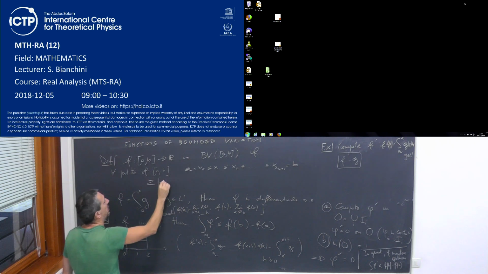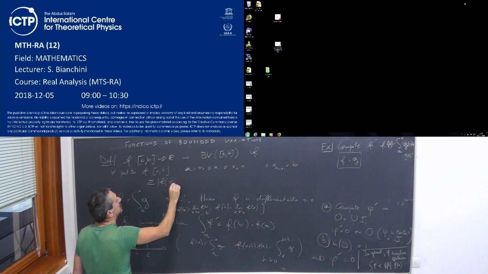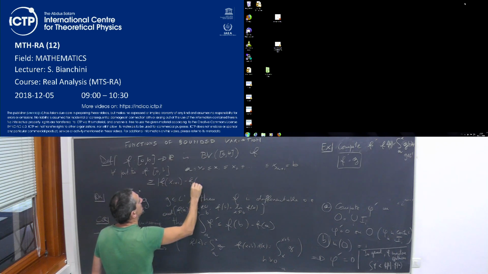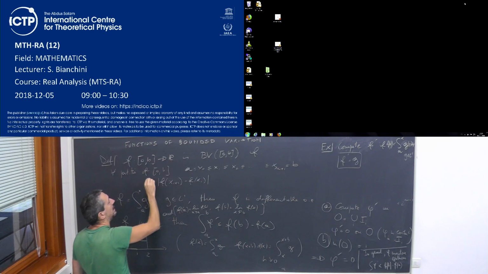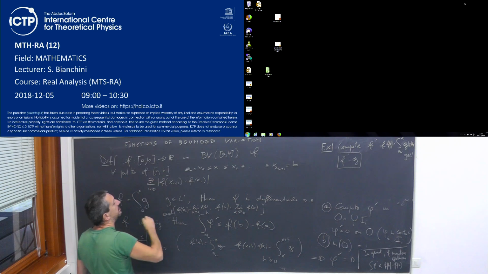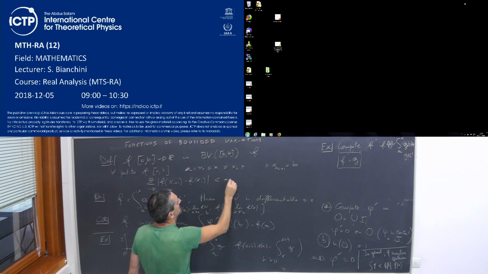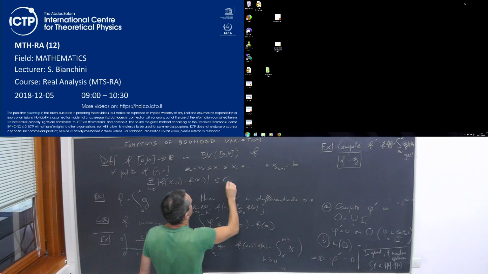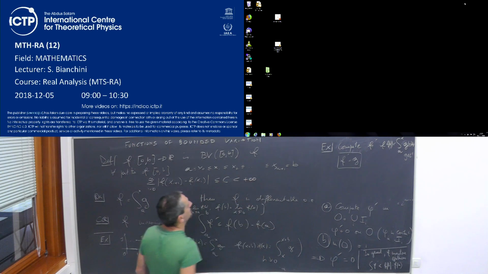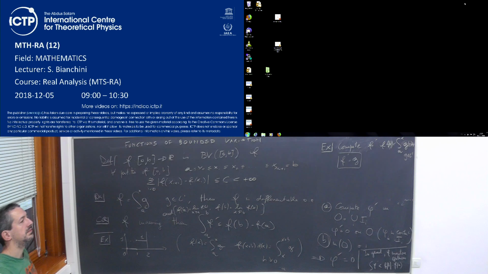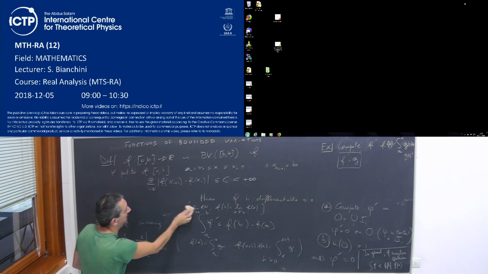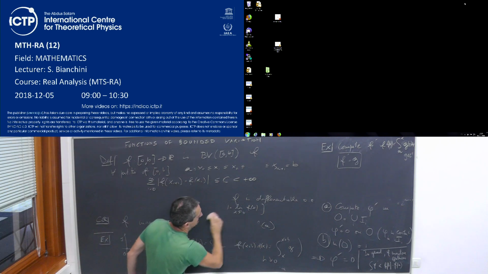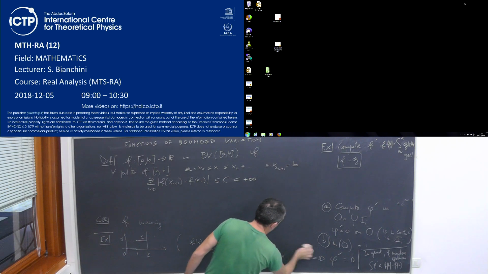the sum of the increments, from i equal to 0 to n, is less than a constant, less than plus infinity. So no matter how you refine your partition, the sum of the increments is bounded.